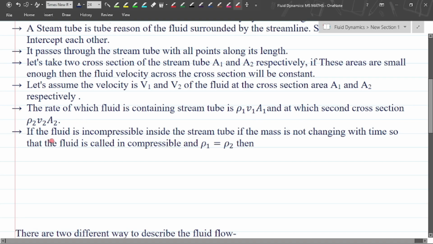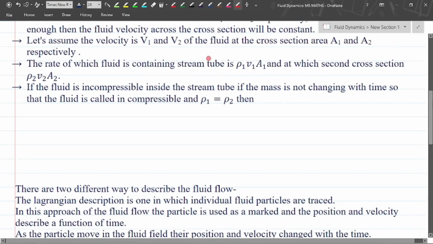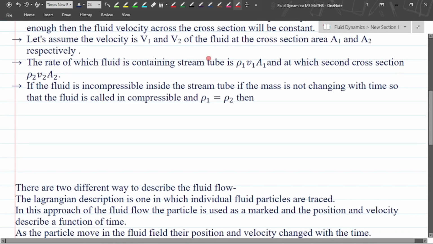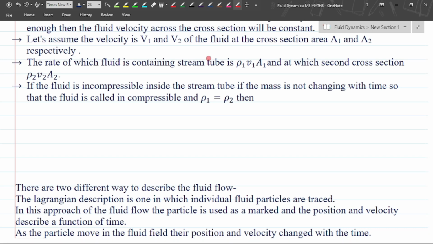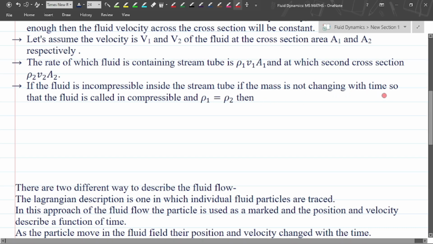Now if the fluid is incompressible inside the stream tube, basically the fluid which we have used in the stream tube is incompressible. Incompressible means that the mass is not changing through time, so if the mass will not change, then the density will not change also. So for an incompressible fluid, rho 1 and rho 2 will be equal.